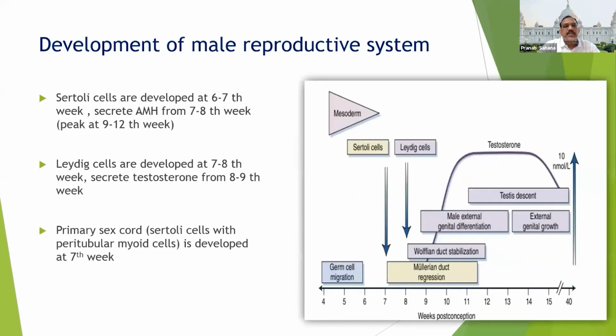Sertoli cells are the first cells to develop in the testes at 6th to 7th week post-conception, and they secrete anti-Mullerian hormone from 7 to 8 weeks onwards. Then Leydig cells appear at around the 8th week of life, which secrete testosterone. Secretion of testosterone causes stabilization of the Wolffian duct, and AMH, which is secreted from the Sertoli cells, causes Mullerian regression.